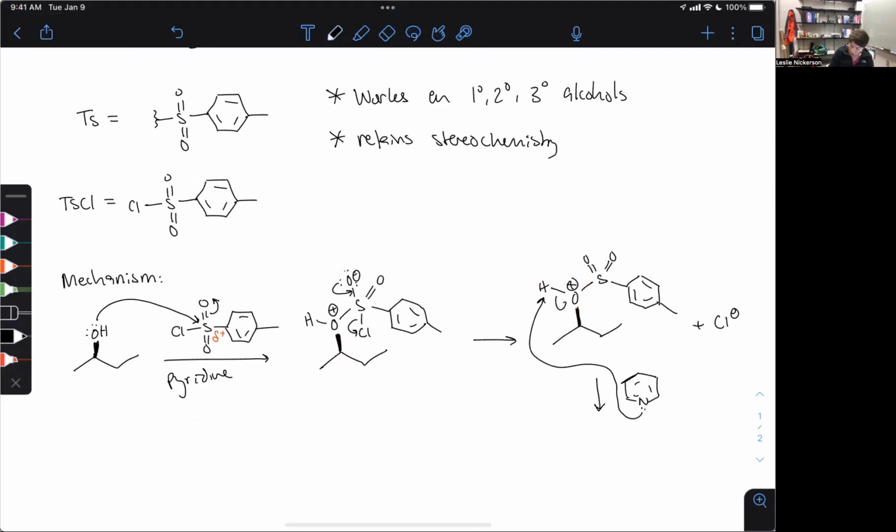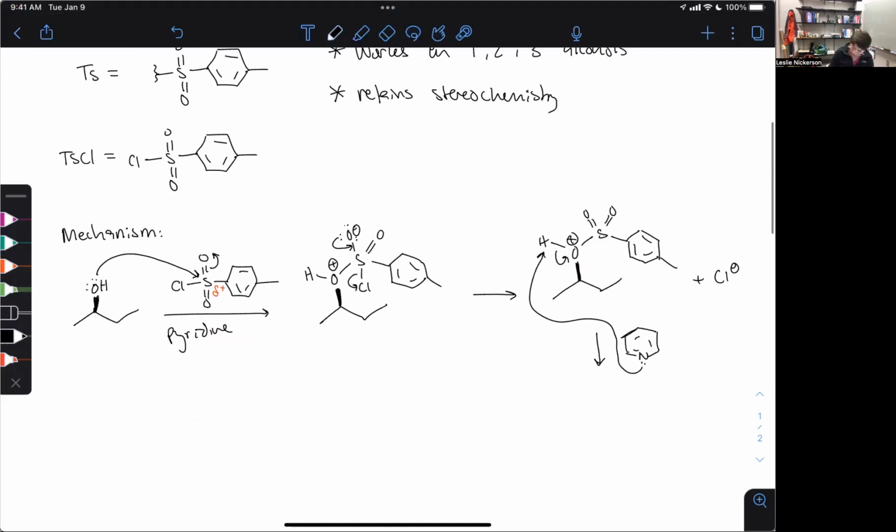Go grab that proton. And we end up getting our final product as well as pyridinium chloride, because that's where our Cl- is going to hang out.